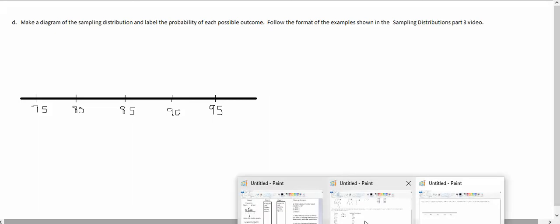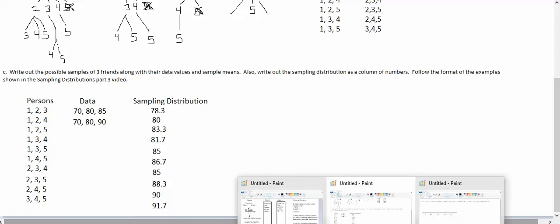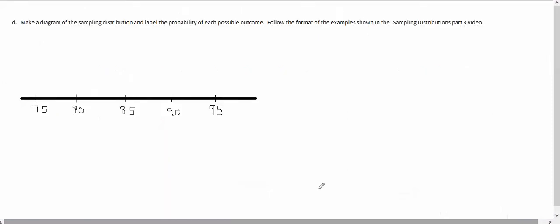So let's look back at the first one. The first one is 78.3. So I'll put that right here. It doesn't have to be perfectly accurate, just put it roughly at the right place. So that's 78.3.